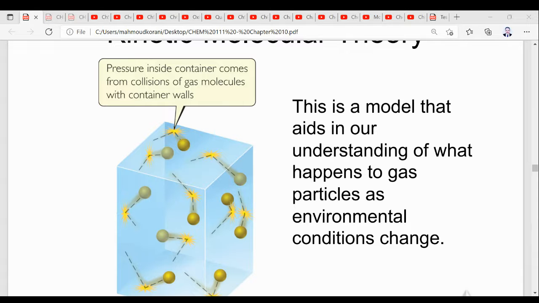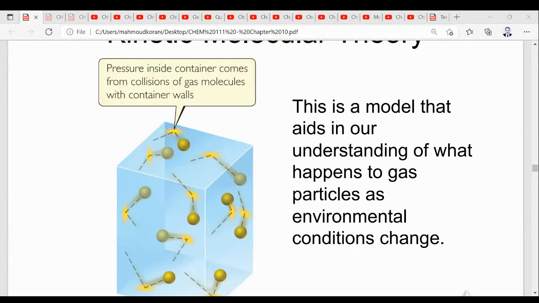So the number of collisions, or the rate of collision with the container wall, decreases. That's why the pressure decreases. At the end of the day, pressure decreases, and actually this is, as you know, Boyle's law.